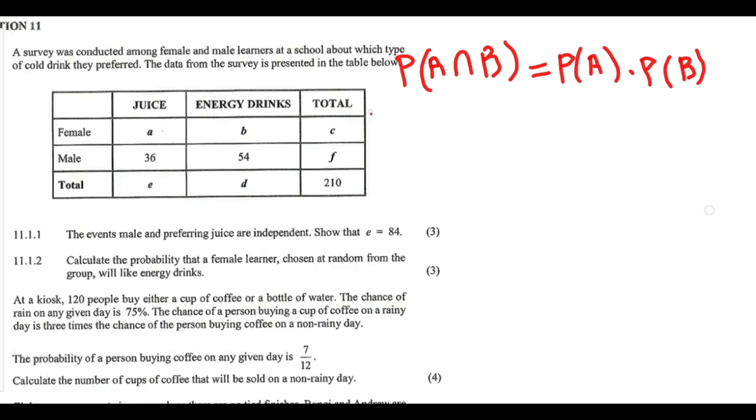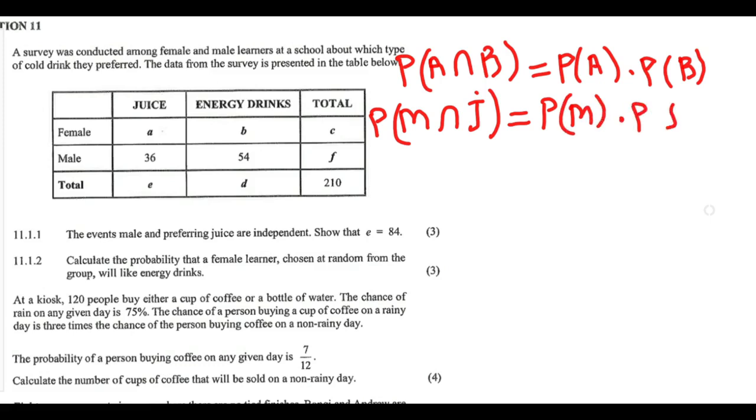So we're going to say the probability of male intersection juice is equal to the probability of male multiplied by the probability of juice. Now, express probabilities in terms of table values.